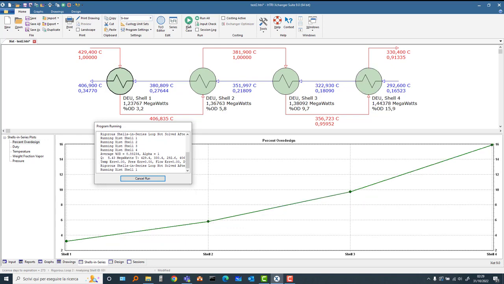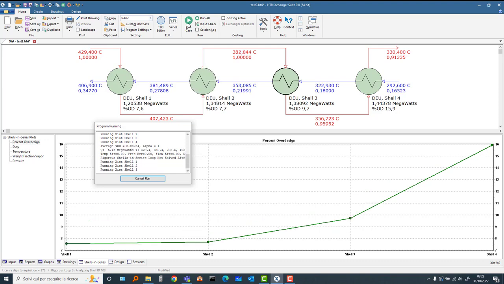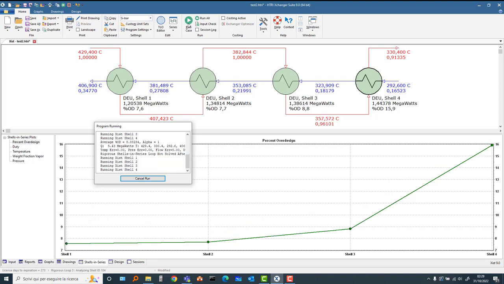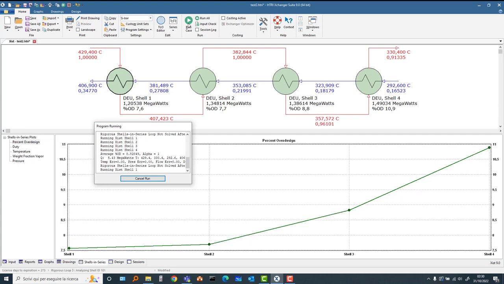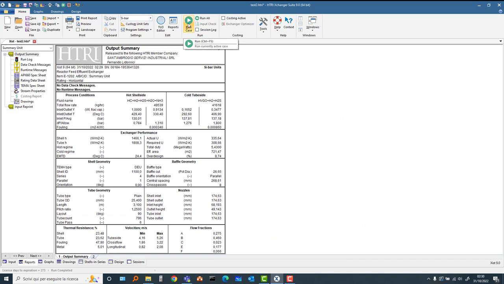All these attempts can be made very quickly because we are lucky that even with multiple shells, the program runs very, very quickly. Let's see what happens. Still one more patience.